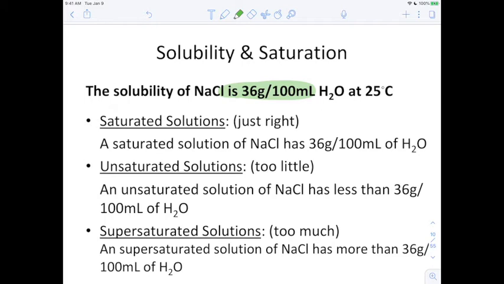Now, unsaturated is if you finished your meal and someone offered you that piece of pie and you were like, oh yes, right on, I'm still hungry, give me 5 pieces of that pie. So unsaturated, you're still a little hungry. Saturated, you are perfect and you are holding strong, being like, I'll take the pie home with me. Supersaturated is when somebody has talked you into having more than you know you should. So any questions on anything there?